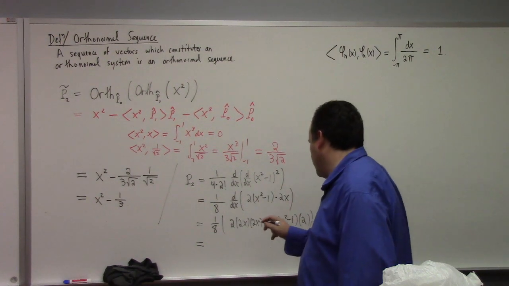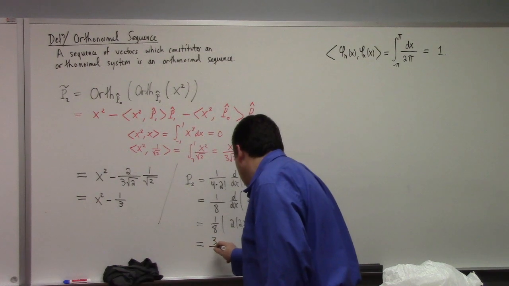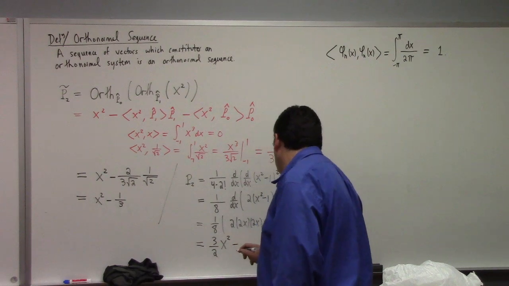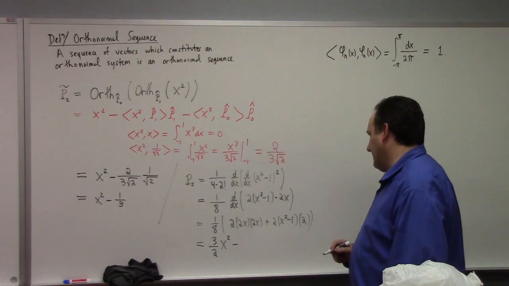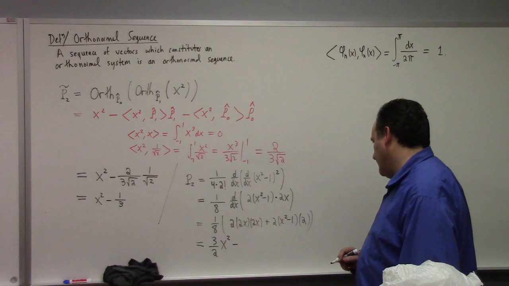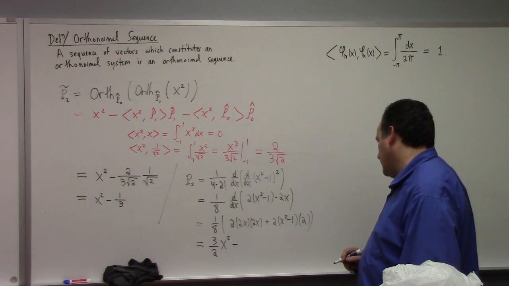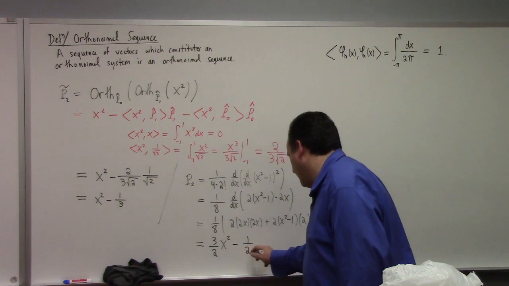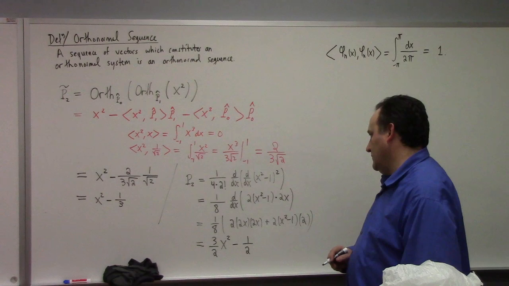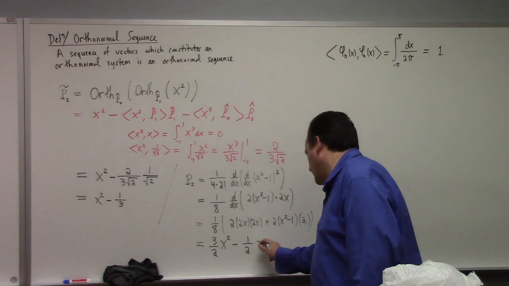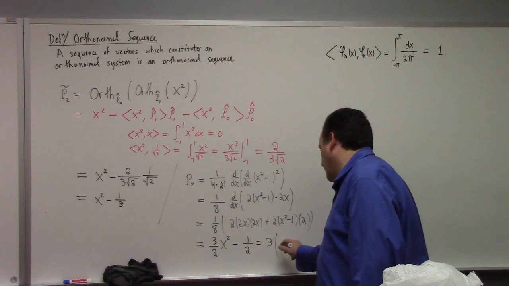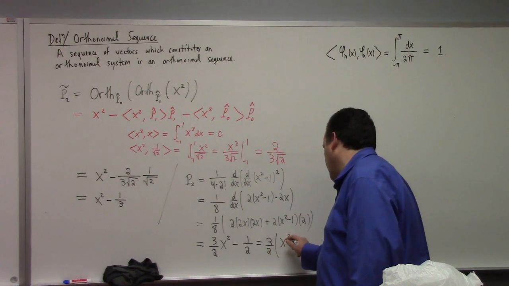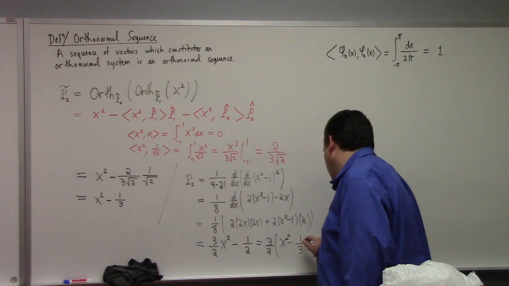I think I get 3 halves x squared minus 1/2, right? So this is 3 halves times my x squared minus 1/3, right? So they're not the same. They don't match up.